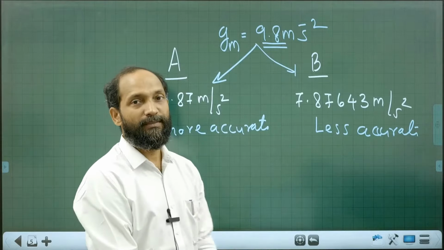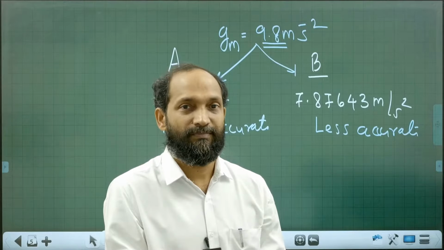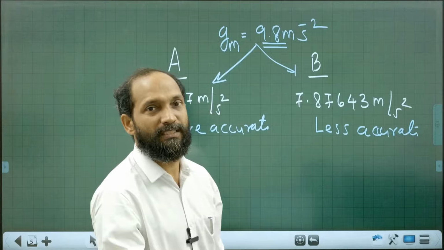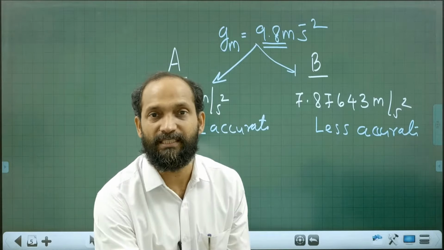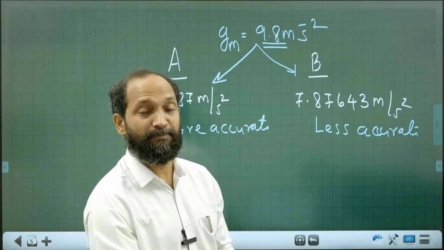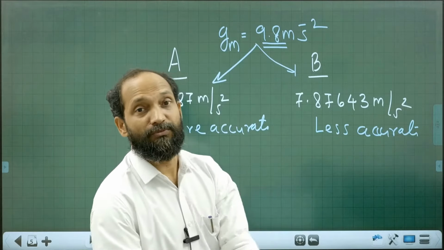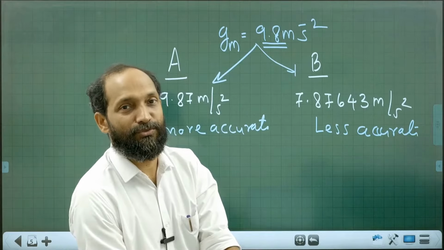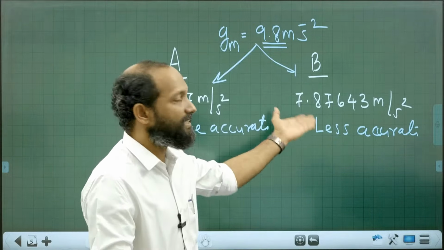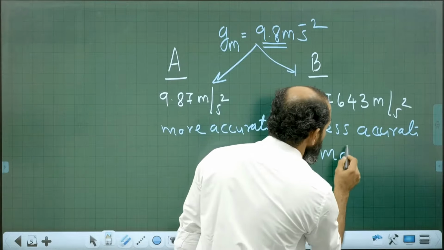What happened to B? B has got a sophisticated instrument. Maybe B is a rich person and has bought a sophisticated instrument to measure the value of g at that place to this many significant figures, but no use. He has made a less accurate result, but he has more precision.